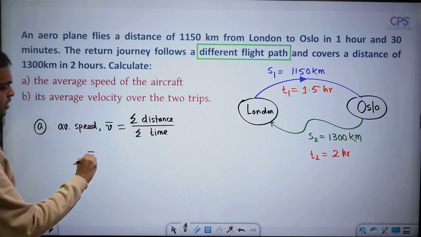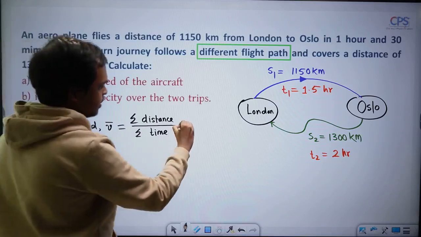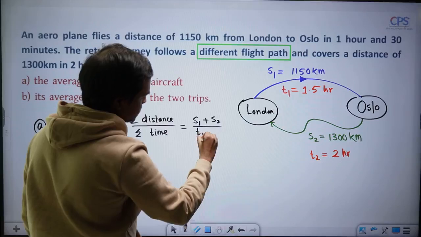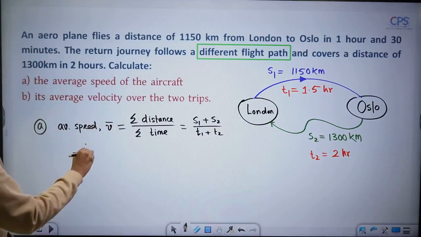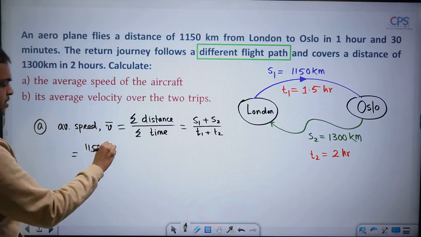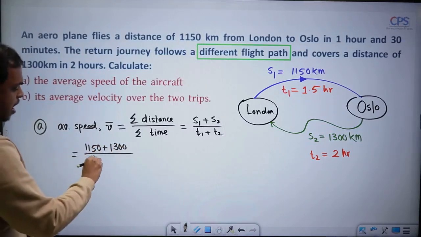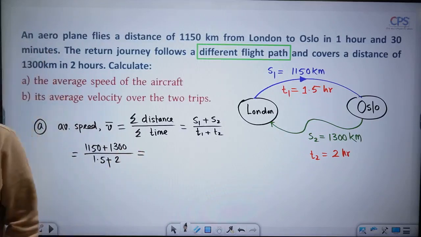It's S1 plus S2 over time 1 plus time 2. So 1150 plus 1300, divided by the times, 1.5 hours plus 2 hours. Let's see what happens.